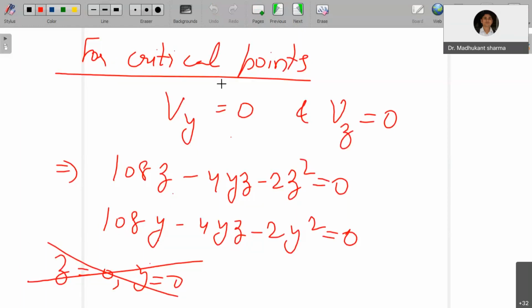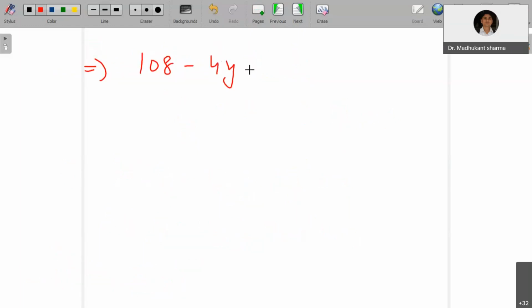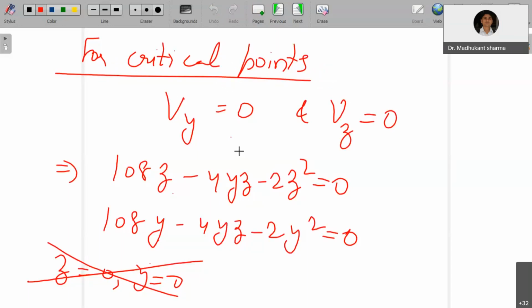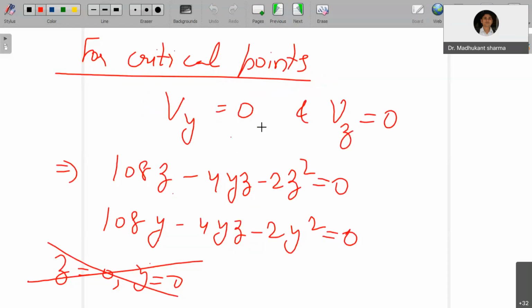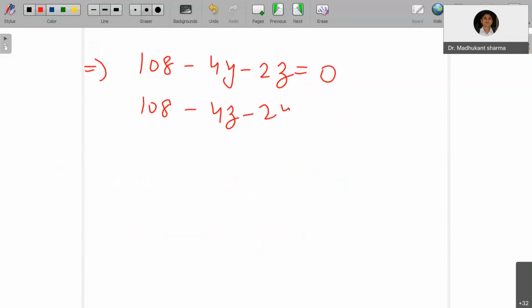So the only possible critical points are 108 minus 4y minus 2z equals 0. Right? And another equation, if I divide by y on both sides, is 108 minus 4z minus 2y equals 0.